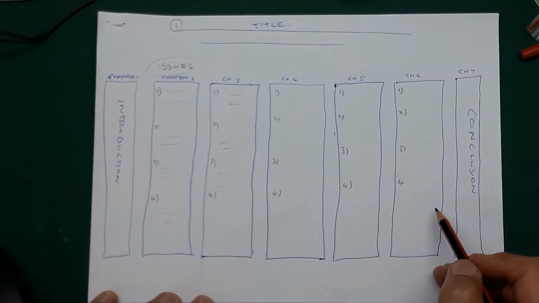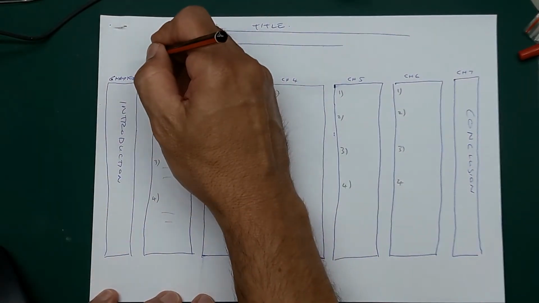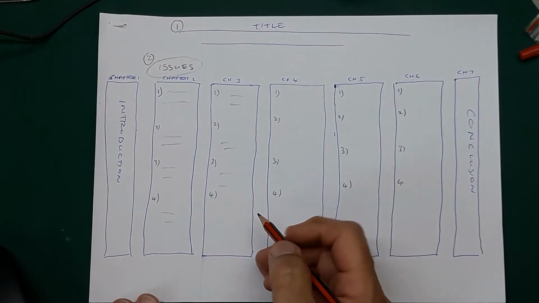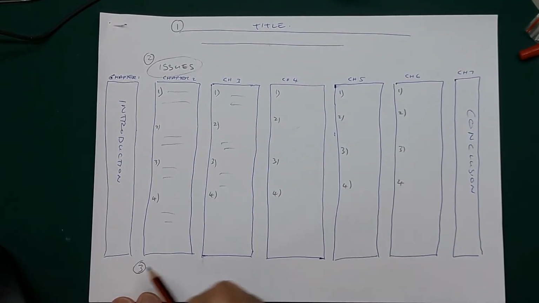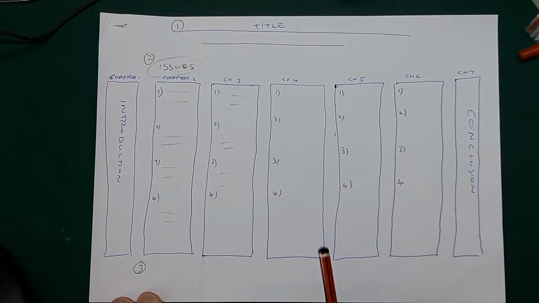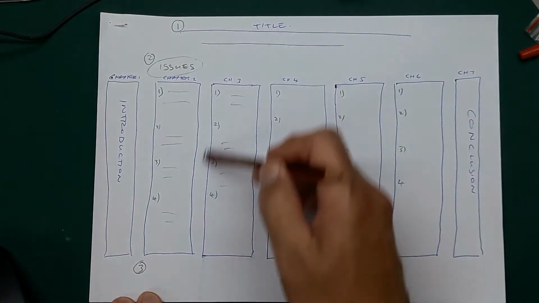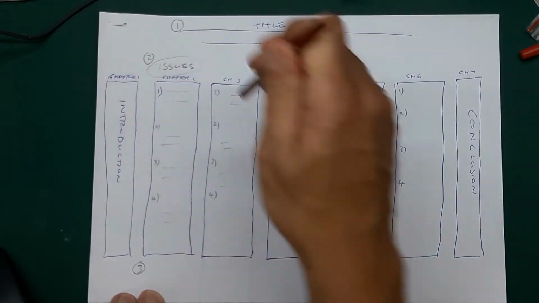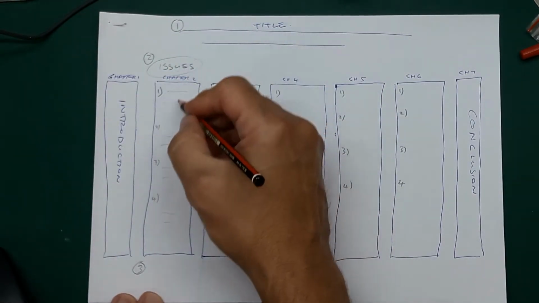Now, after you've done this, we move on to the next part of the exercise, and that is to find out what the logical flow will be between these different chapters. When you start off with chapter 2, these are the issues that you'll be discussing.